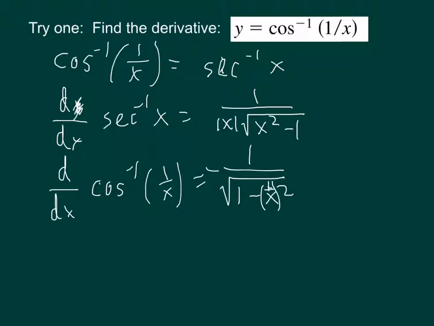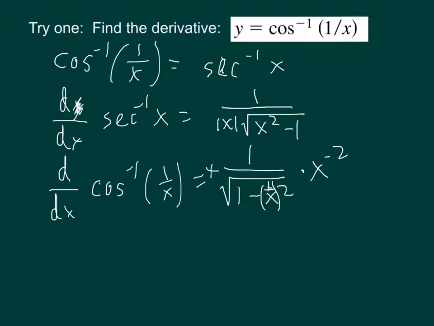And the inside is x to the negative first, so we could make this a plus, and then this would be times x to the negative second power, and you could move that down to the denominator and maybe simplify a little bit more from there.